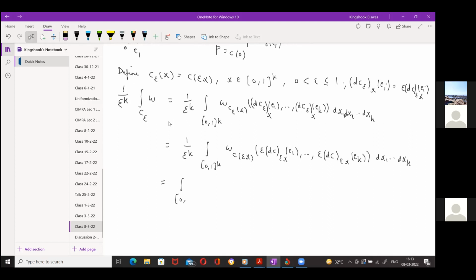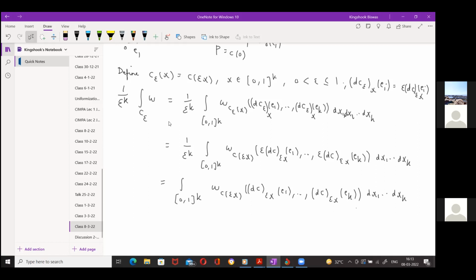So then this will become the integral over [0,1]^k of omega at c of epsilon x, of dc at epsilon x of e1, up to dc at epsilon x of ek, dx1 to dxk.